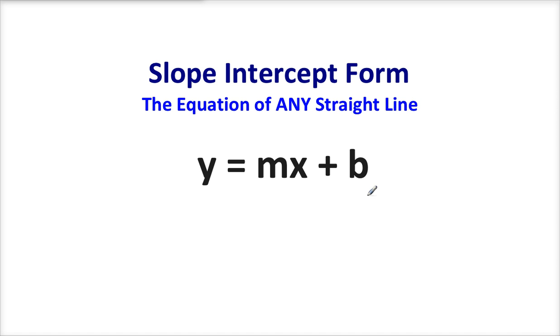And so we call this equation slope-intercept form, because the slope is given, remember slope is represented by m, and the y-intercept is given. So any straight line is written in this form. y equals the slope times x plus the y-intercept.